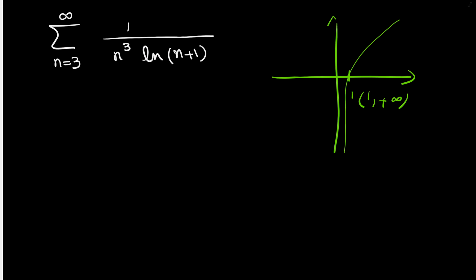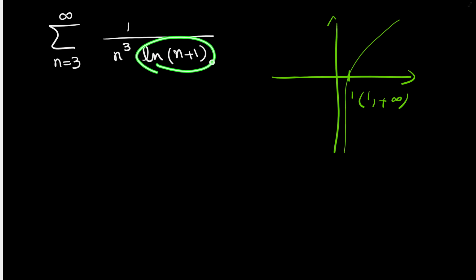But it's positive in some parts, it's less than 1, it's between 0 and 1, and still is positive, right? And not always is greater than 1. So when it's in the denominator, we cannot compare it with 1 over n to power 3. For some n values, natural log of n plus 1 is a positive constant between 0 and 1, and in some cases is greater than 1.